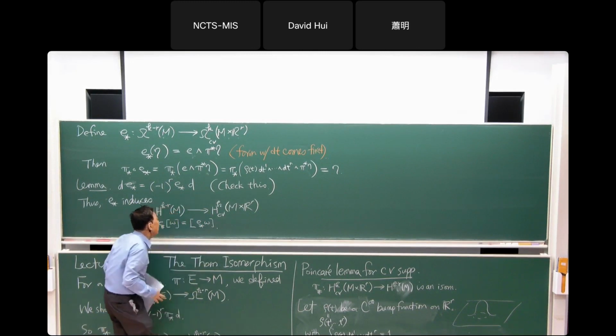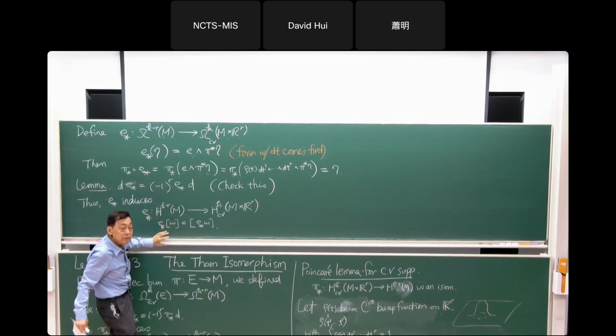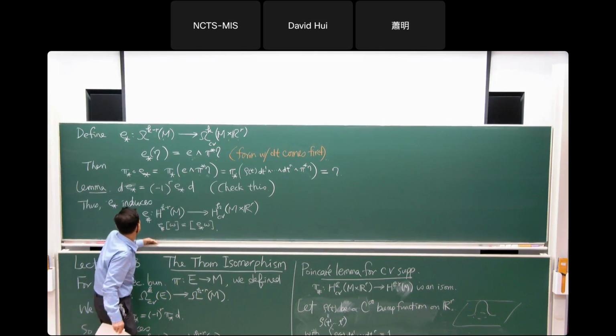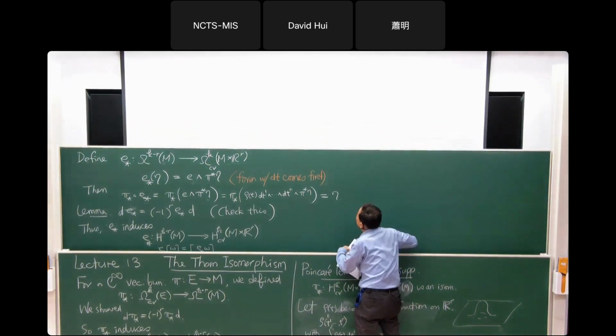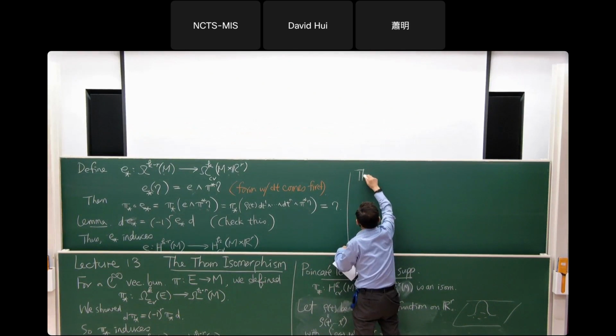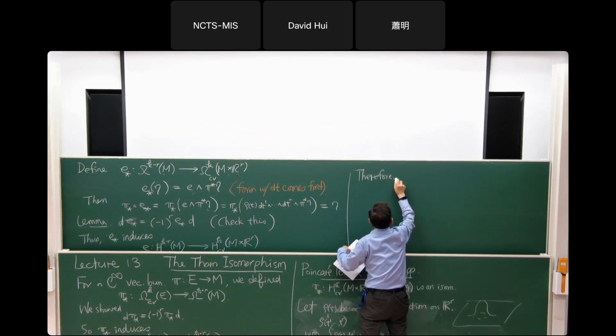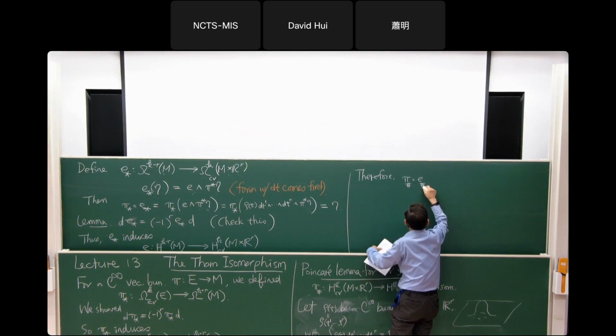So if pi lower star composed with E lower star is the identity, then the induced map should be the identity. Therefore, you have pi lower hatch composed with E lower hatch is the identity.